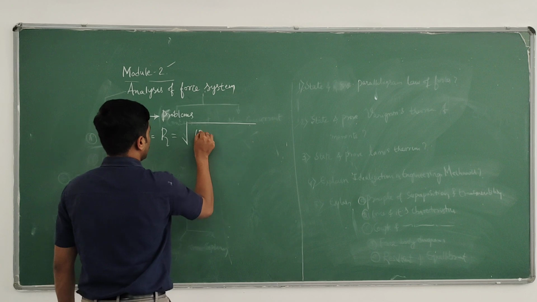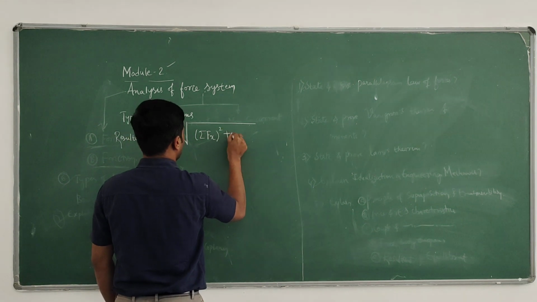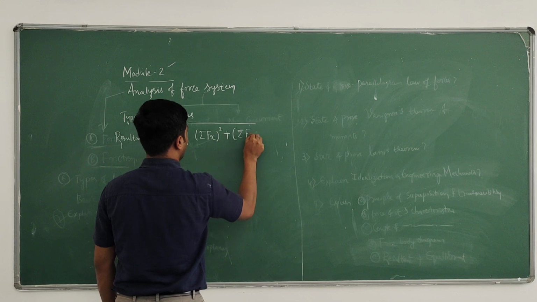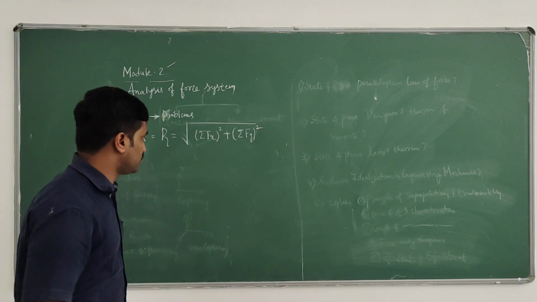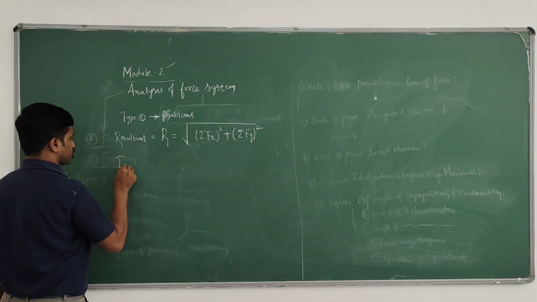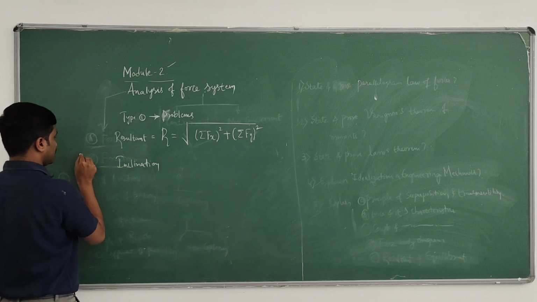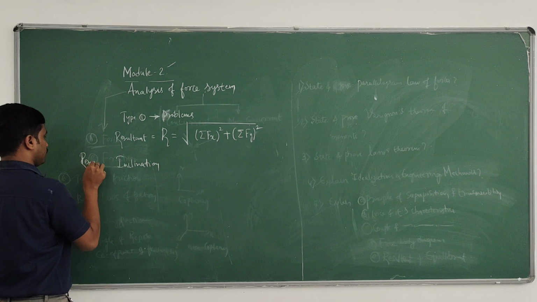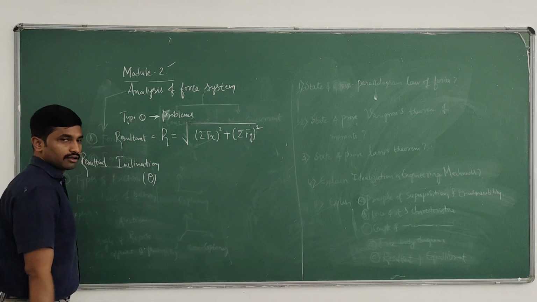R equals the square root of sigma fx square plus sigma fy square. And the resultant inclination, that is theta.